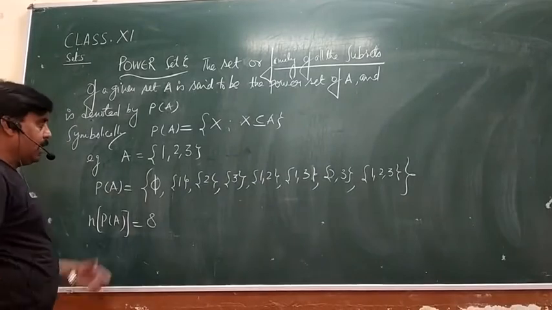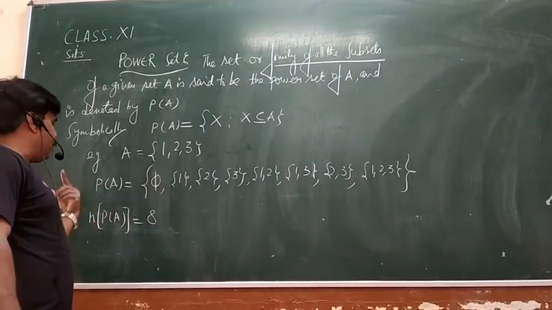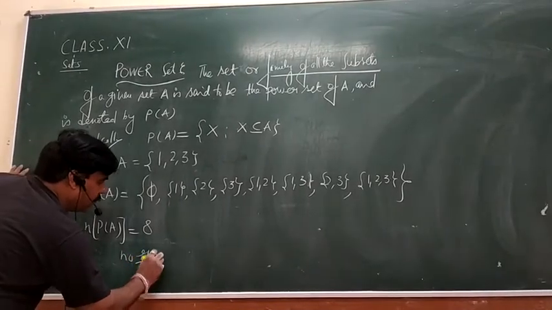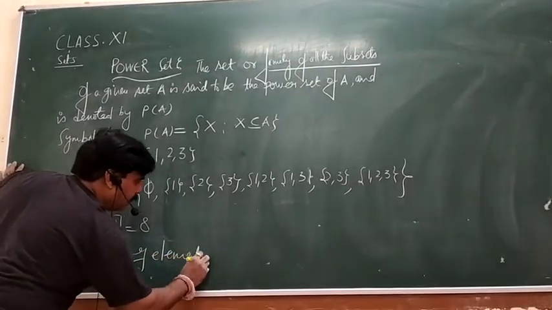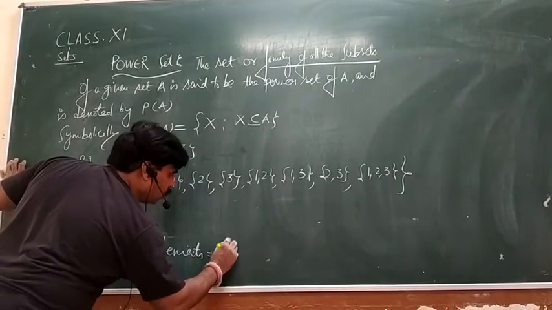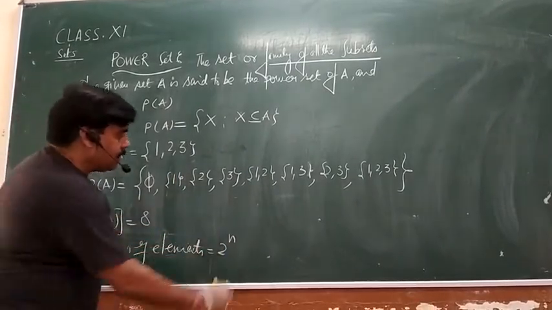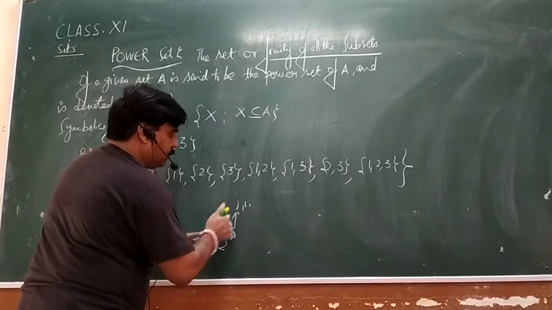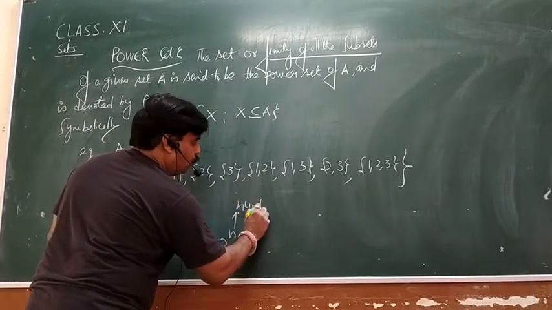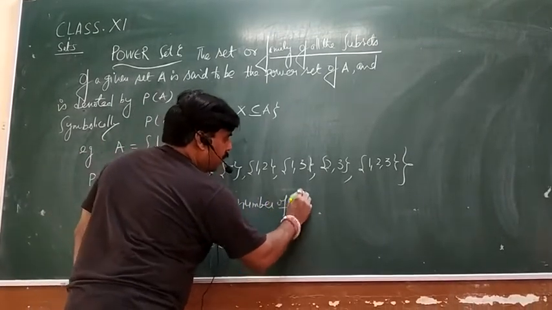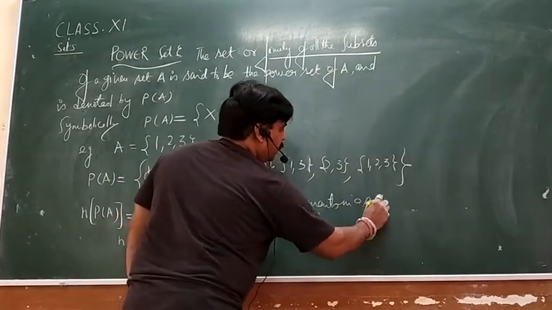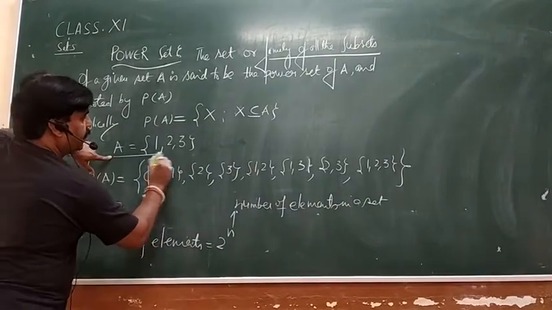8 elements are there. It means you can say in any power set, the number of elements in a power set will be equal to 2 raised to power n, where n is the number of elements in a set. So look here: inside A there are 3 elements.